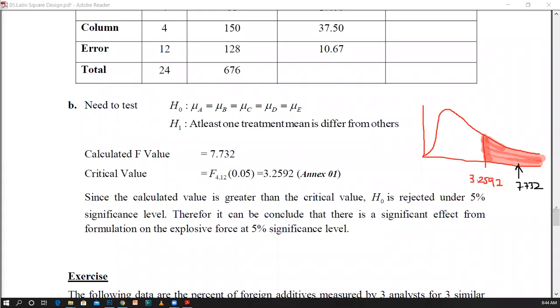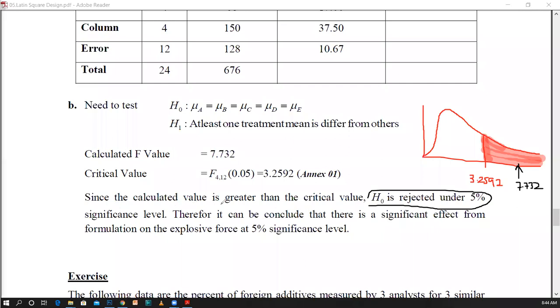Since the calculated value is greater than this critical value, we can say that H naught is rejected at the 5% significance level. Therefore, it can be concluded that there is a significant effect from the formulation on the explosive force at the 5% significance level. At the end you have to give this interpretation accordingly.